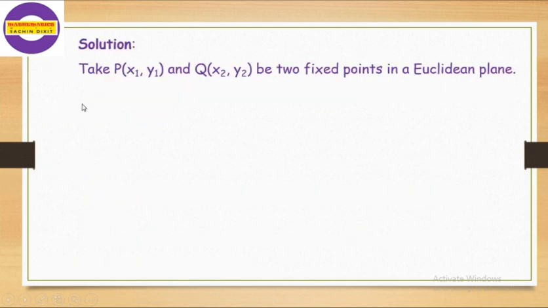Solution. Take P(x1, y1) and Q(x2, y2) to be two fixed points in a Euclidean plane.